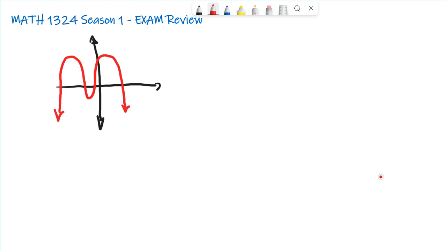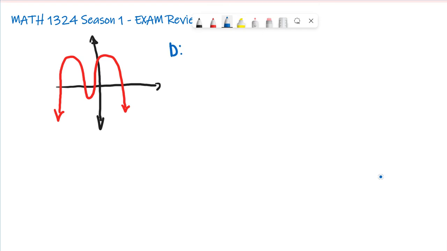Then we can say, for example, that the domain of this one is going to be from minus infinity to infinity.